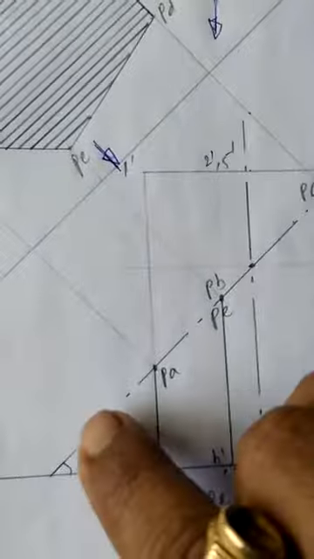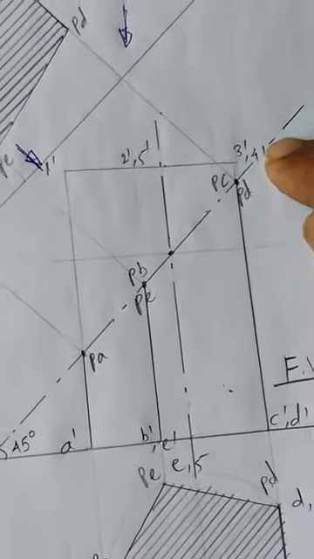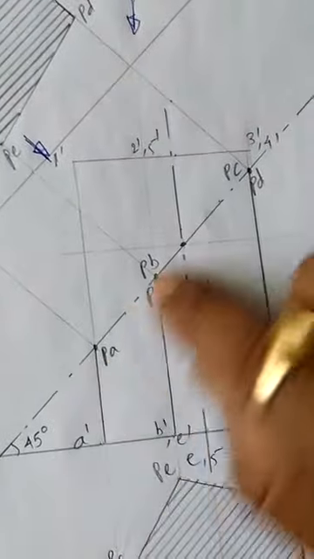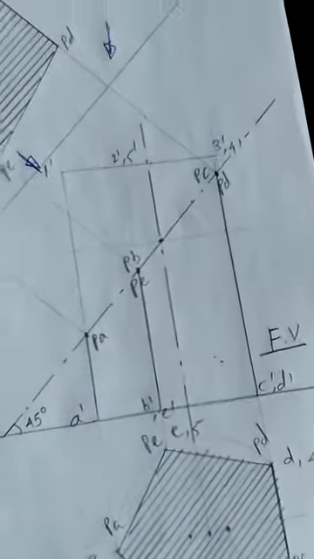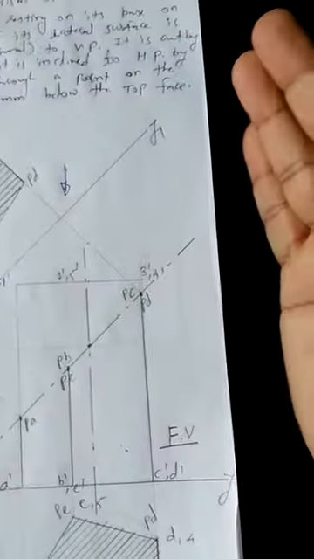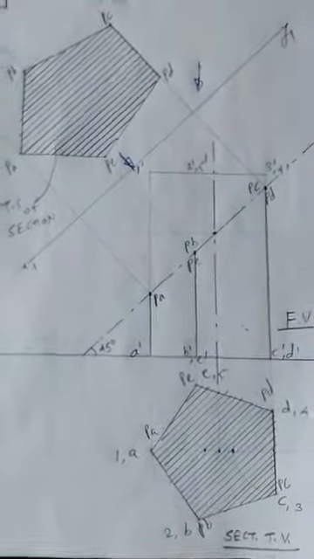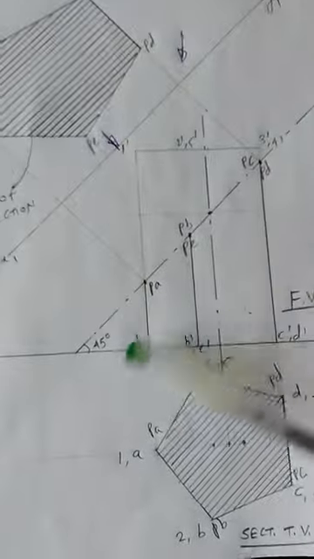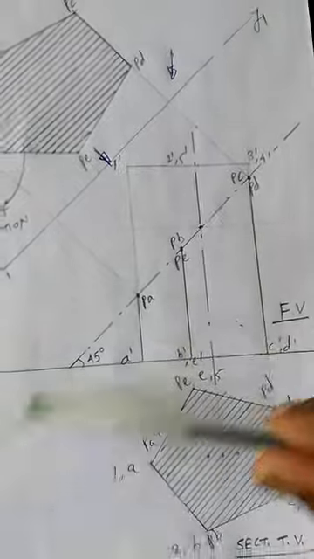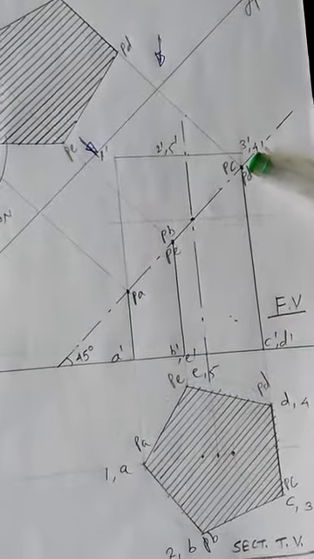Similarly, the inclination made by this cutting plane with the HP, you can show either in this direction or in this direction also. In this direction also you can show that cutting plane, and the true shape of the section you can construct on this side. Depending upon the space constraint on your page, you can tilt this line at any angle, on any side, either left-handed. I have taken left-handed 45 degrees here.